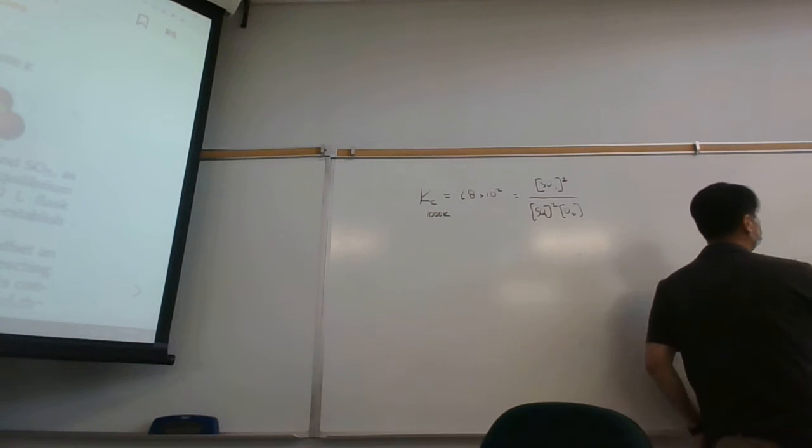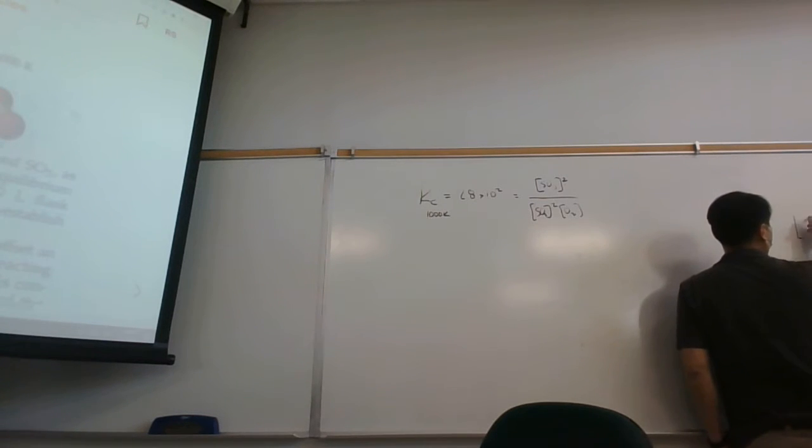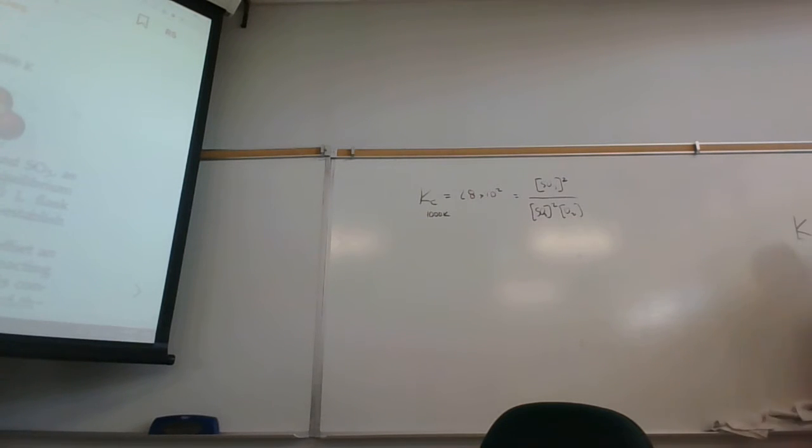And so basically it's like this. If K is greater than 1, it favors the product. And it could be by the minutest amount, because let's say it's 1.001, it's barely above 1.